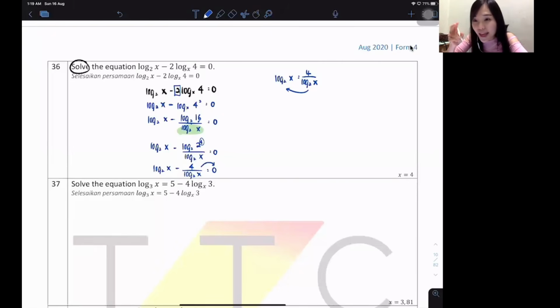So you see, a times a is a square. P times p is p square. Log 2x times log 2x is (log 2x) square. Isn't it equals to 4? Isn't it again, you guys can do it as usual? Correct? Then guys, tell me, can the 2 bring in front? Can or cannot?